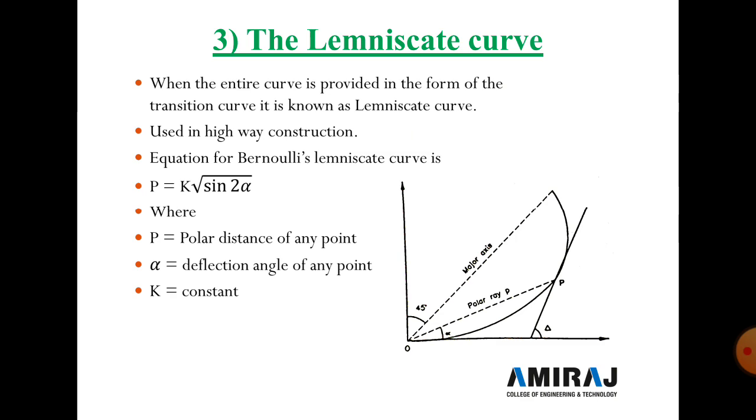It is used for highway construction, and the equation for Bernoulli's lemniscate curve is P is equal to K under root of sine 2 alpha. So this is the equation for the lemniscate curve, where P is the polar distance of any point, and alpha is the deflection angle of any point. So this one is alpha, and P is the polar distance of any point. So this one is the polar ray, and K is a constant value.